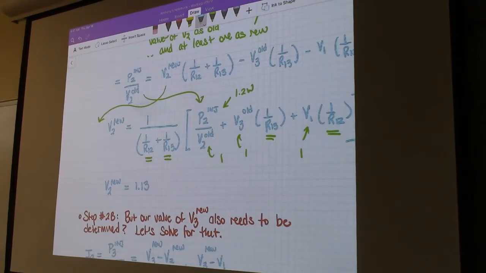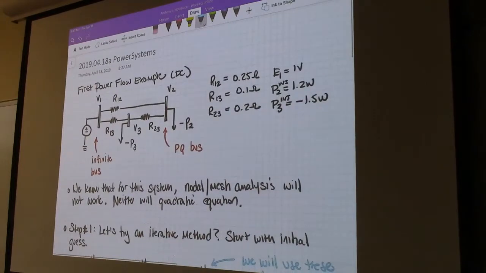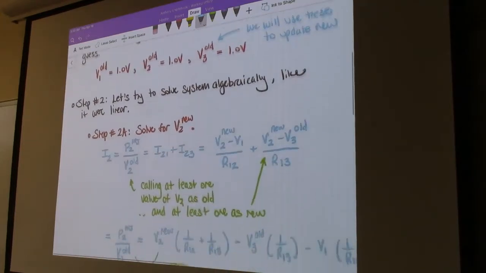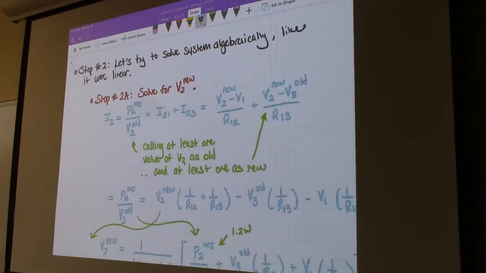Okay, so that's really the first load flow example, and it gets across a solid 80 or 85% of the concepts that we're going to talk about in this chapter.